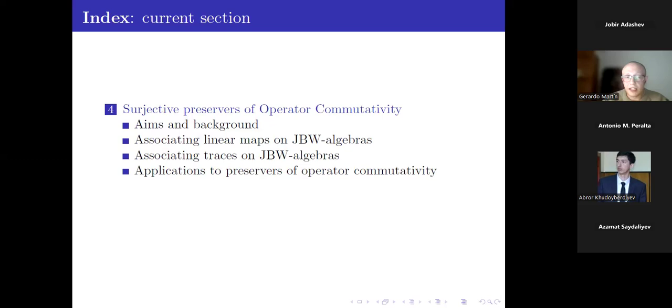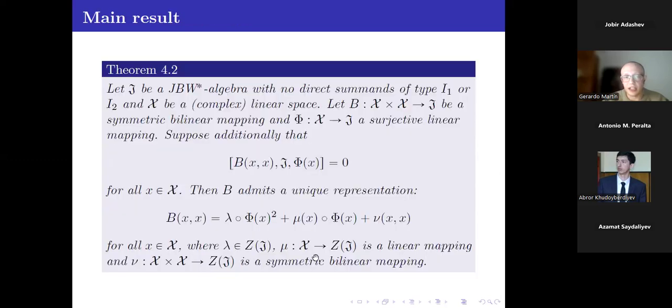Equivalently, for associating traces on GBW star algebras, we obtain the following result.